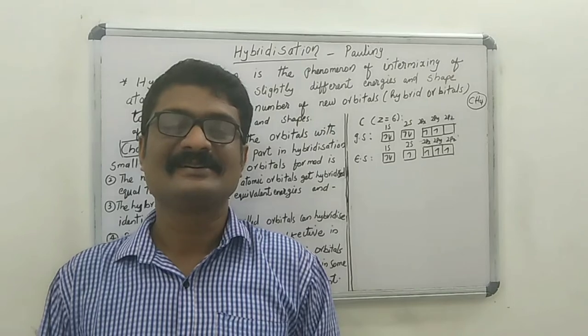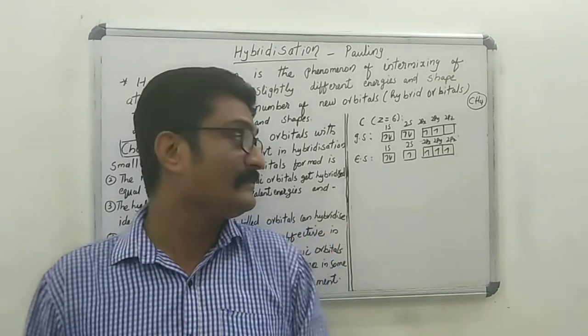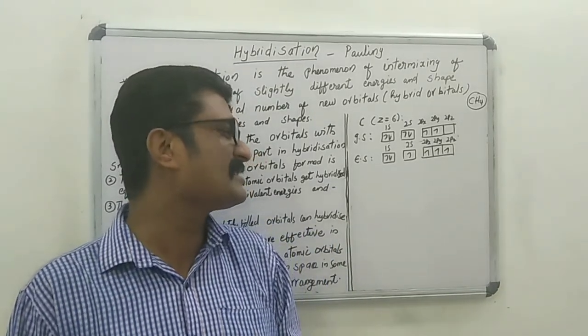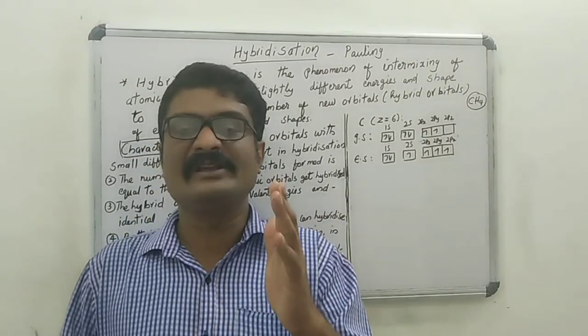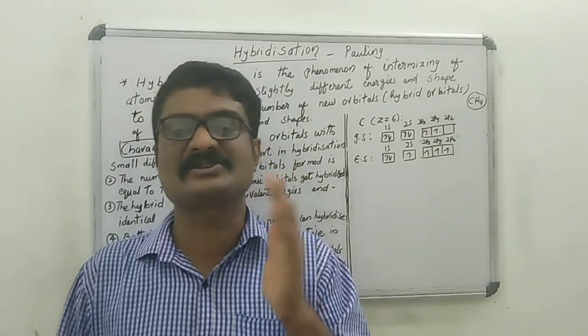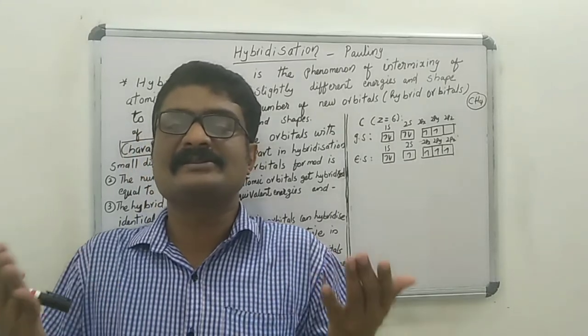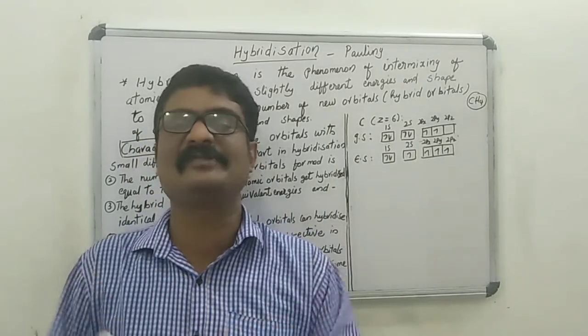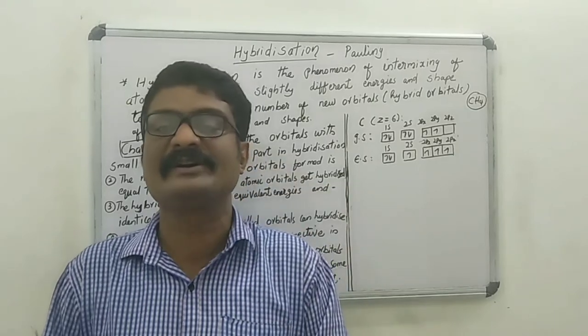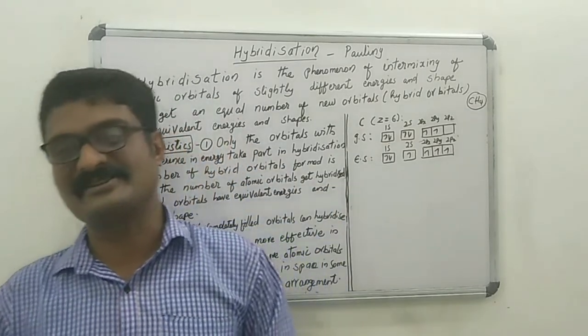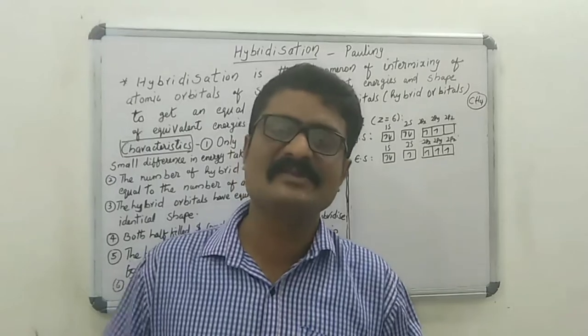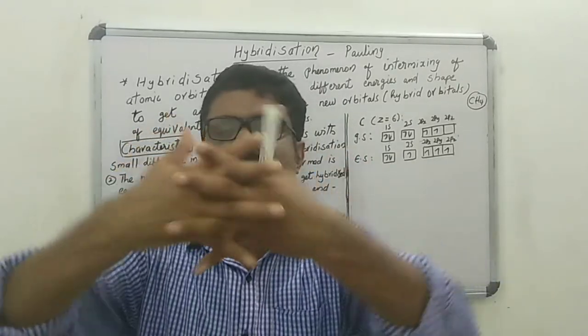And the third condition: it is not necessary that only the half-filled orbitals take part in hybridization. In some cases, the completely filled atomic orbitals are involved in the process of hybridization. That means both half-filled and completely filled orbitals are involved in the process of intermixing.